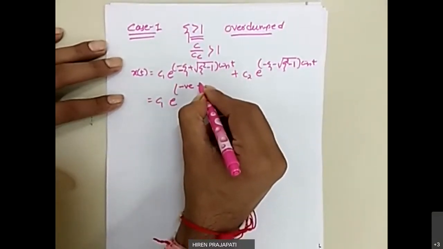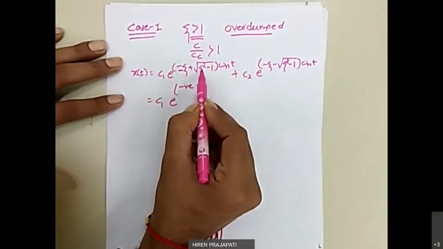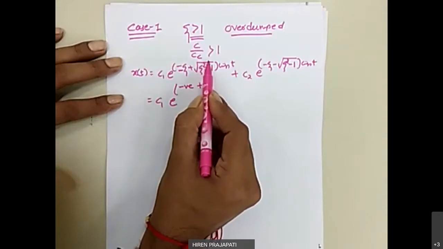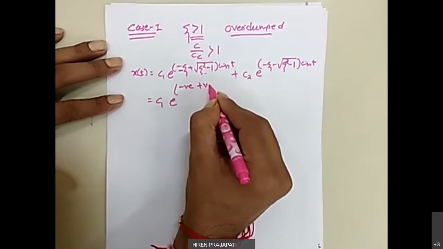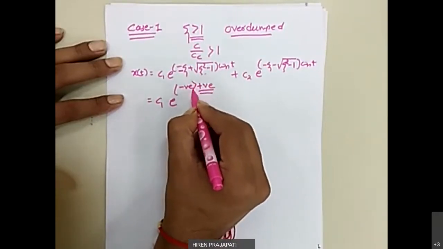Then if I add here plus, now zeta is more than 1, so from that value more than 1 I am subtracting 1, right? So I always get a positive value under the square root. So here again I get some positive value and negative value, but this positive value is less than the negative value on this side.